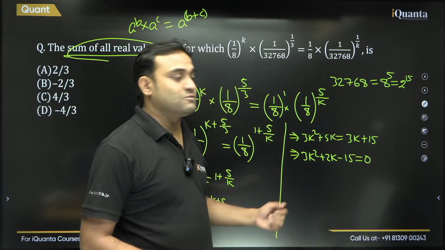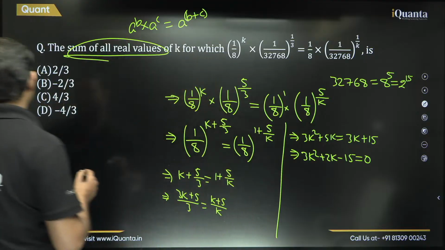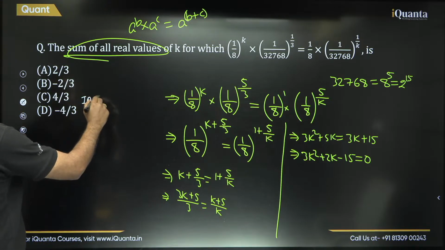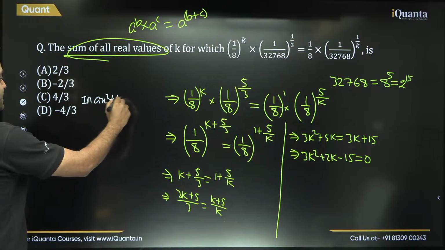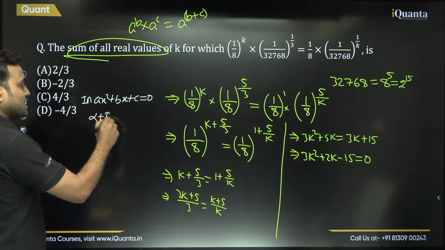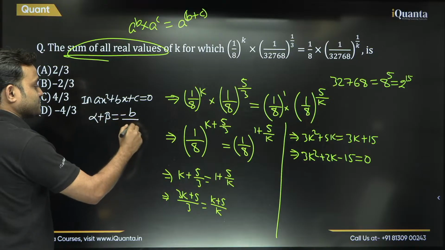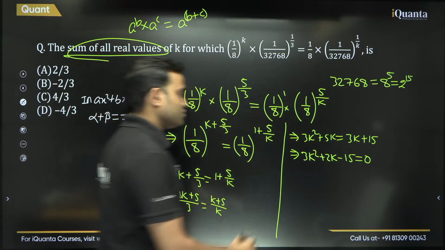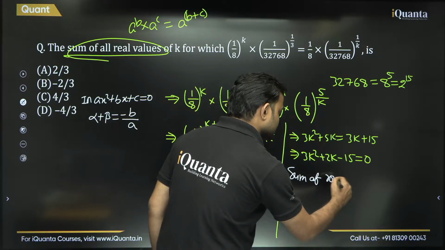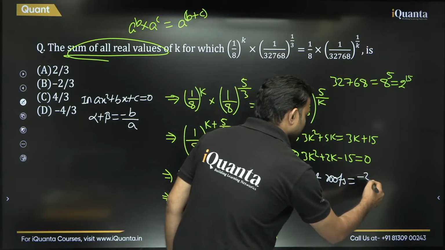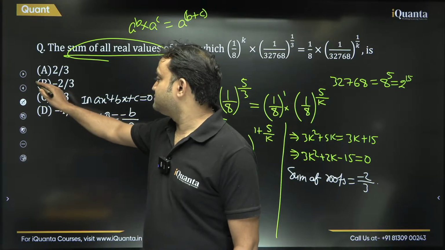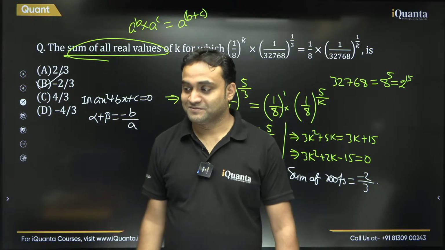For ax² + bx + c = 0, the sum of roots alpha plus beta is -b/a. So the sum of roots will be -2/3. So our answer is option B.